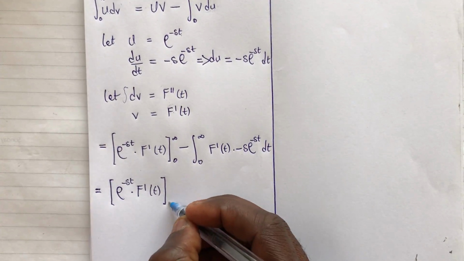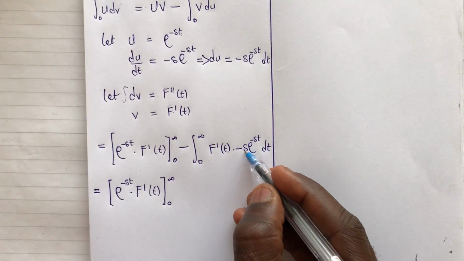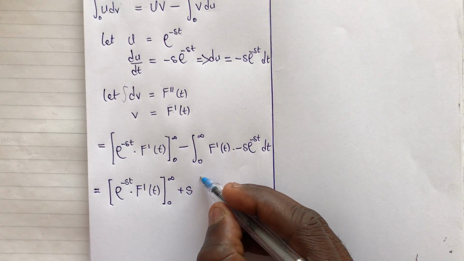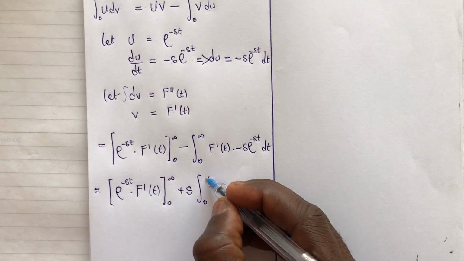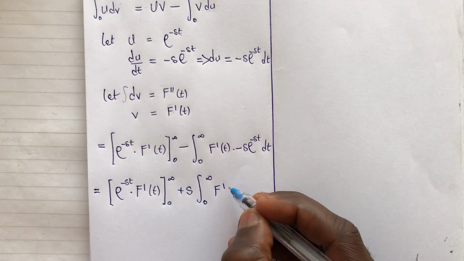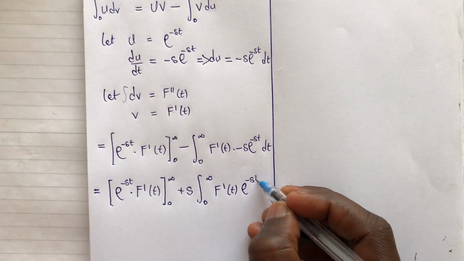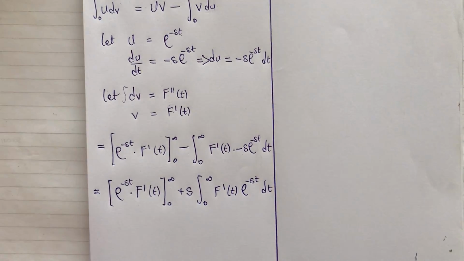You close this, 0 to infinity, negative s times this, we have plus s, integral from 0 to infinity, f bar of t times e^(-st) dt.